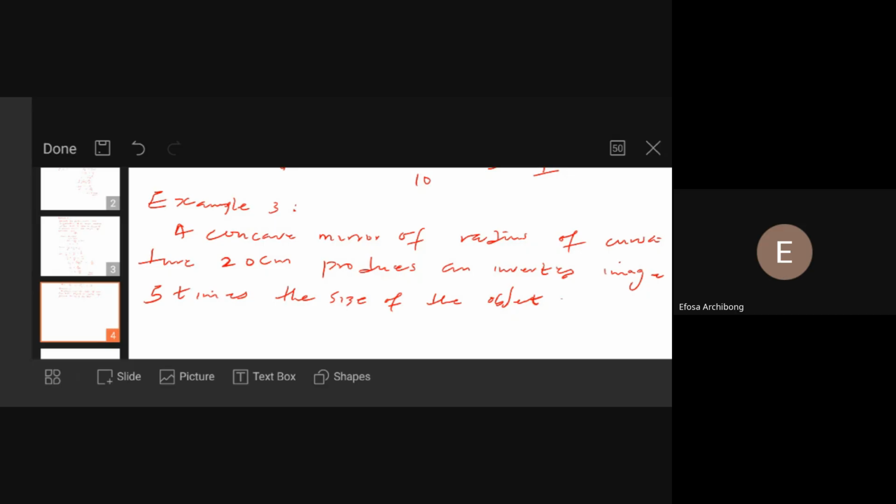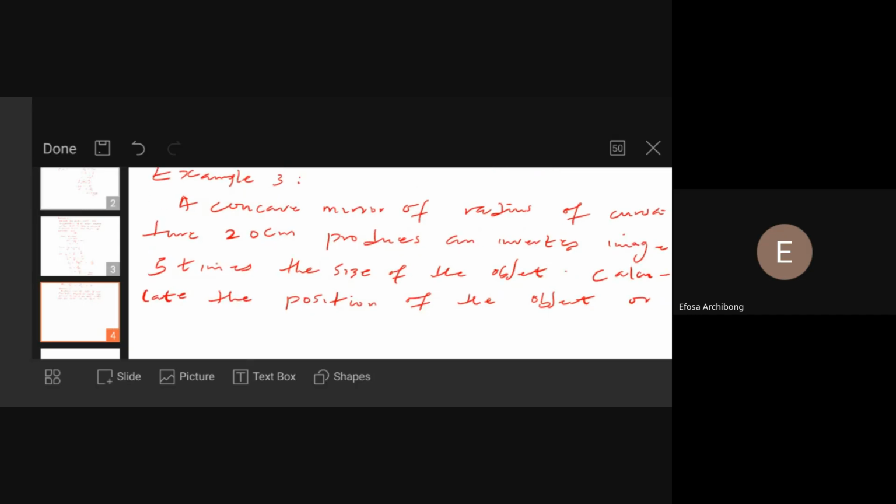Now the question is, we should calculate the position of the object and the image.